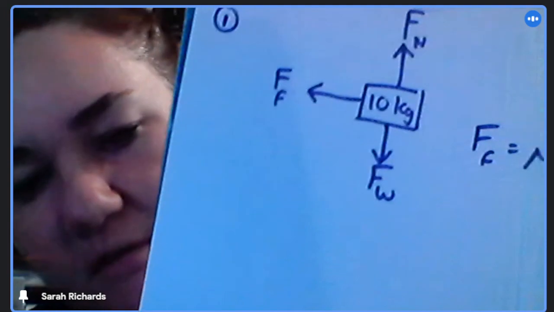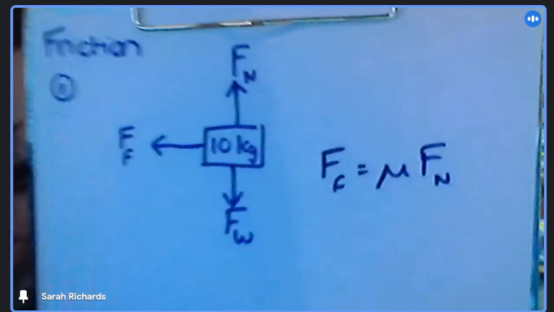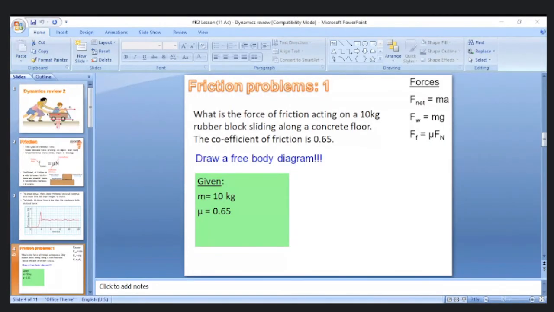I've got a tab in the way, I can't see what I'm showing you. There we go. So for my force of friction, I know what my coefficient was because that was given to me in the question. That is 0.65, and that doesn't have any units.